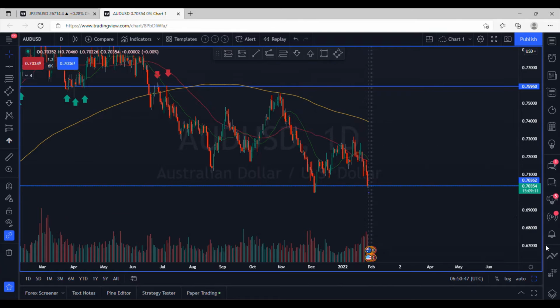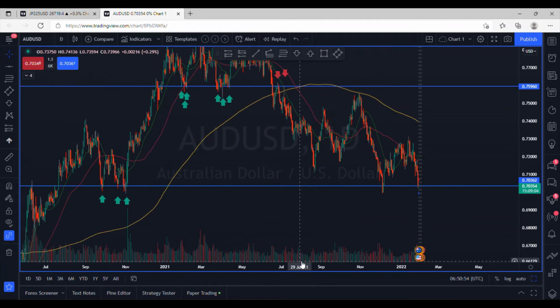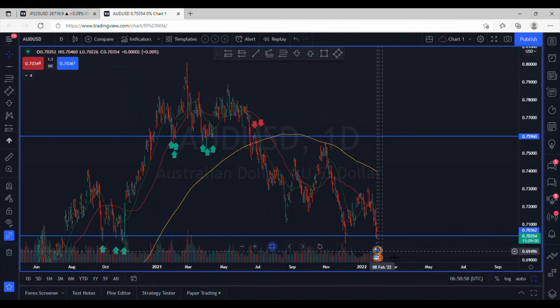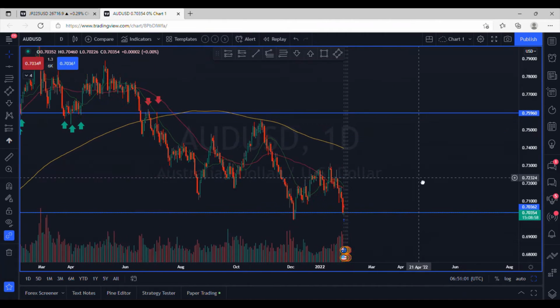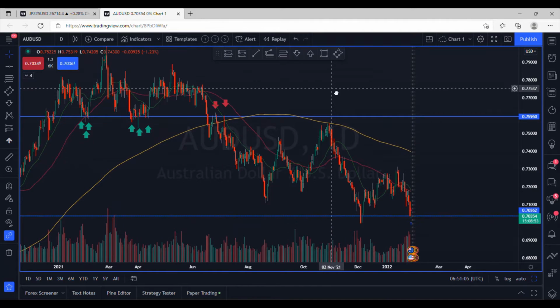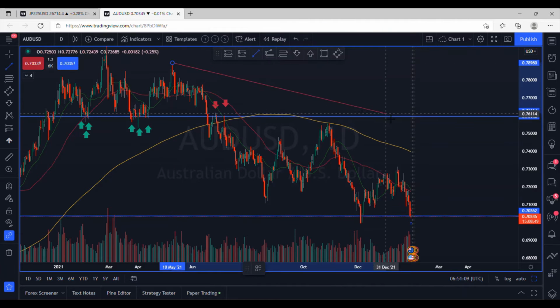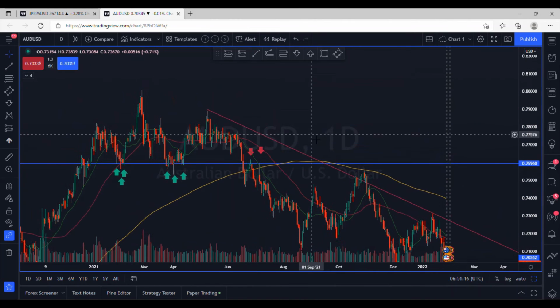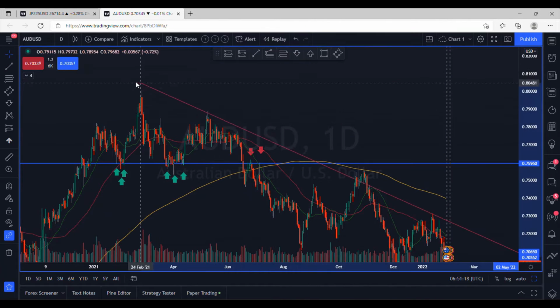So what I would do now is I would also look for trend lines on the daily chart. So what I mean by this is you've got support and resistance, which you would use horizontal lines for, and then you'll have what's called trend lines. So to me, you're looking for, again, multiple touches.